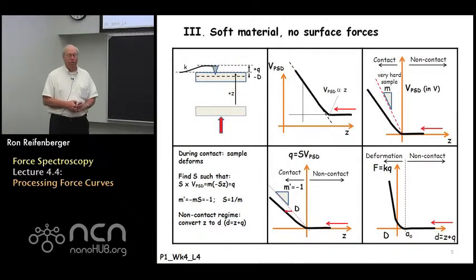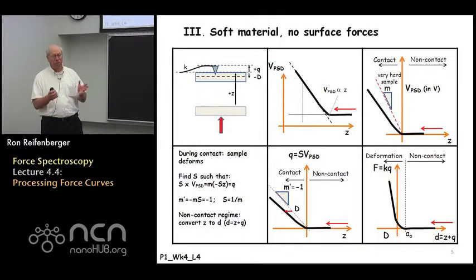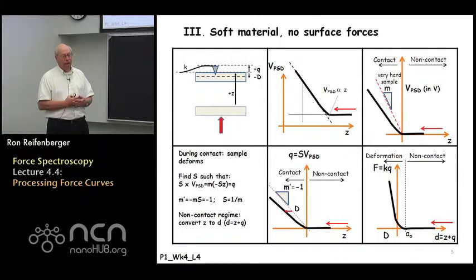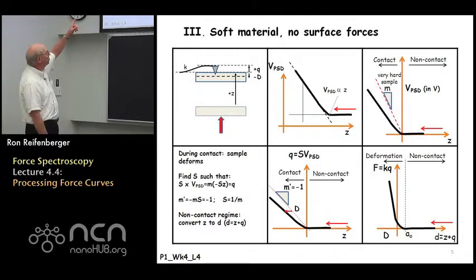The third case that I'd like to consider is now a soft substrate, soft sample. Again, I'm going to consider the case of no surface forces. The new twist that comes into this discussion is that now the tip can actually indent into the substrate. That indentation is specified by this parameter minus d in the first panel of the curve.